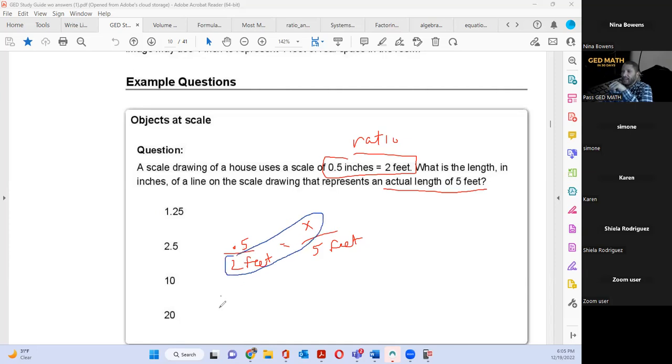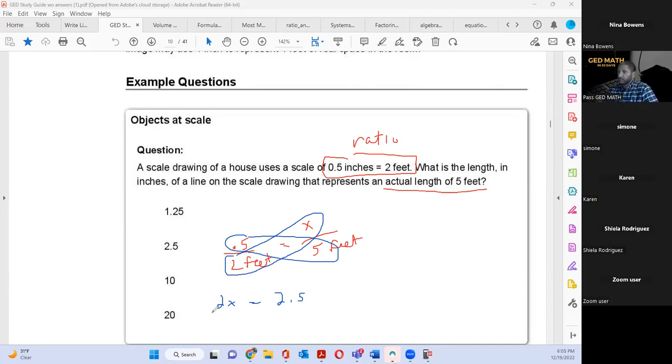That's the common mistake a lot of people make. 2 times x is 2x, but that's not 5, that's 0.5. So it would be 2.5 times 5... I mean 0.5 times 5 is 2.5. So 2x is equal to 2.5. How can I solve for x? What do I need to do?